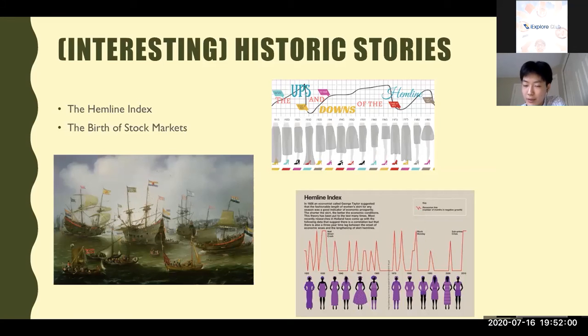People have spent a lot of time and effort researching this, and research has shown that these two aspects are correlated, which means they're related, and the dresses are affected by the economy. So women designers also know economics. Yeah, that's pretty amazing.